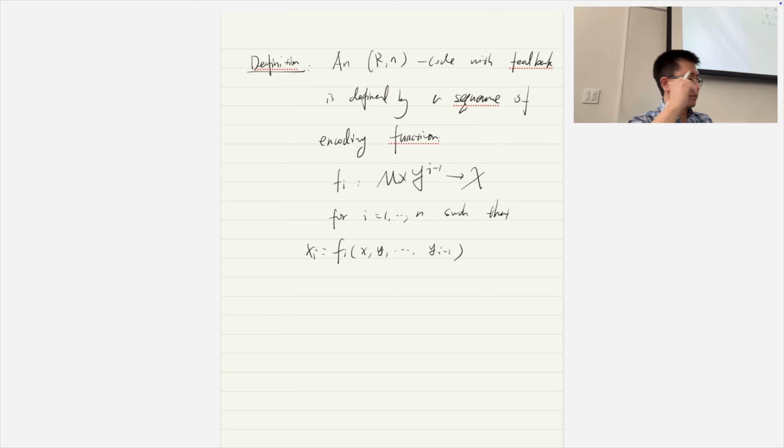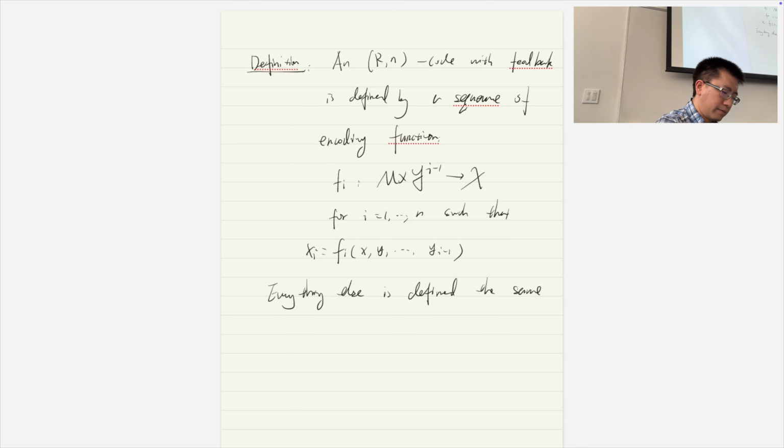So this is the encoding function, and everything else is defined the same as before.